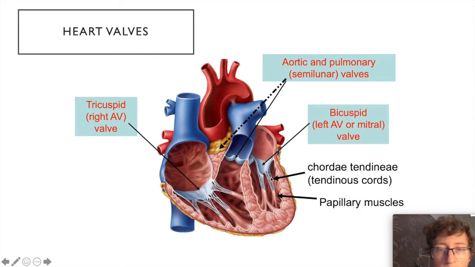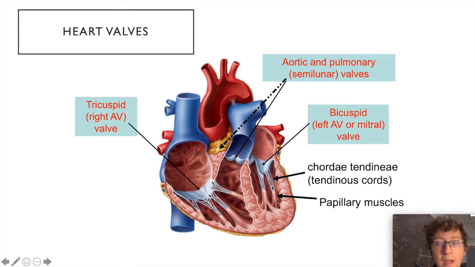And these valves come with these additional structures. They have these chordae tendineae, these tendinous cords coming off of them that are attached to papillary muscles. So these muscles will be contracting at the same time whenever the ventricles are contracting, and this will hold down these AV valves. So the ventricles are very strong.